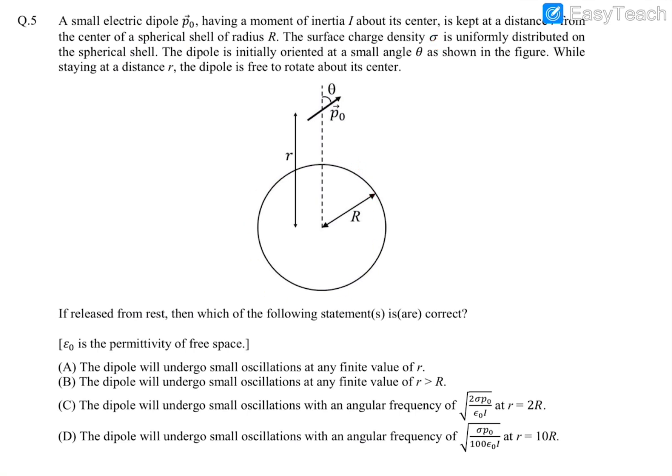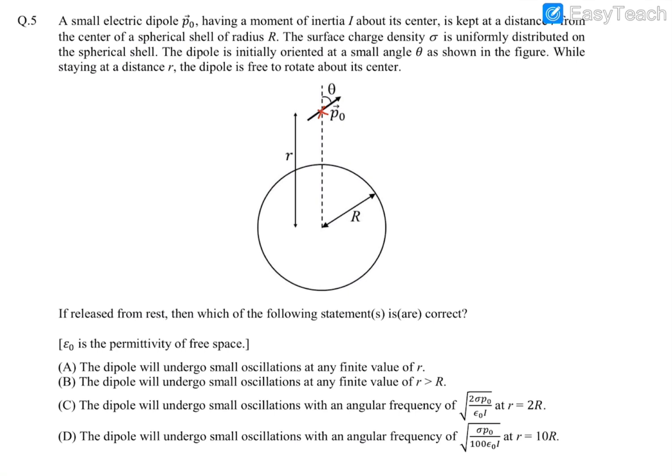The radius of the shell is R, and this dipole is free to rotate about this vertical axis passing through the center of the dipole, this axis coming out of the plane. So we have to choose the correct options.